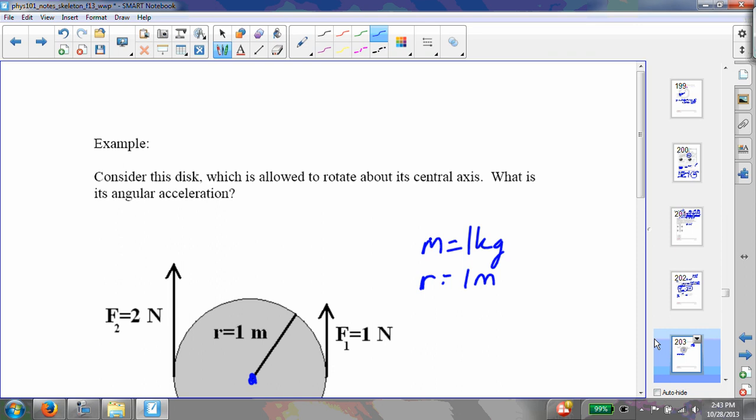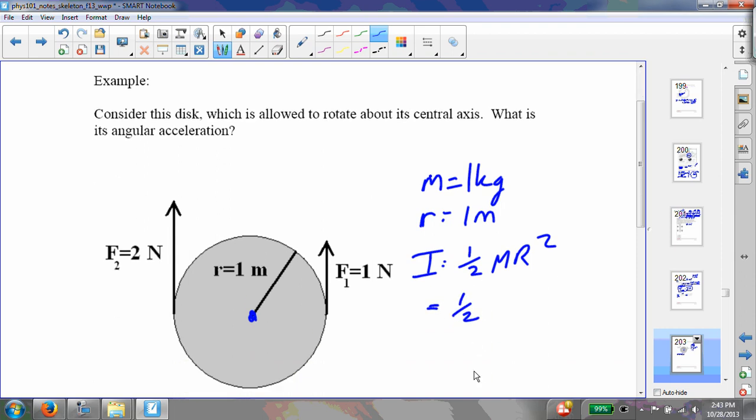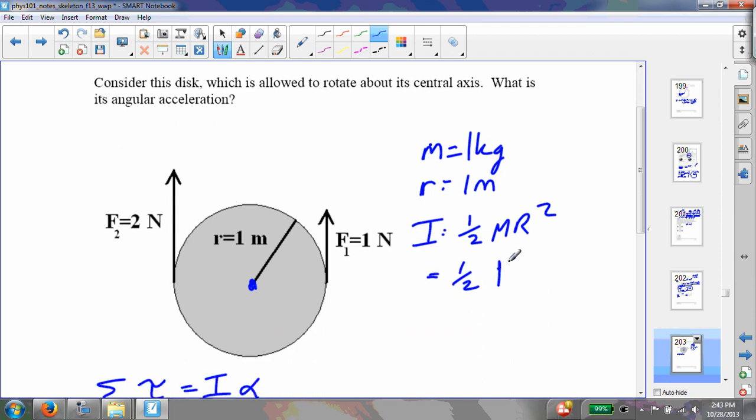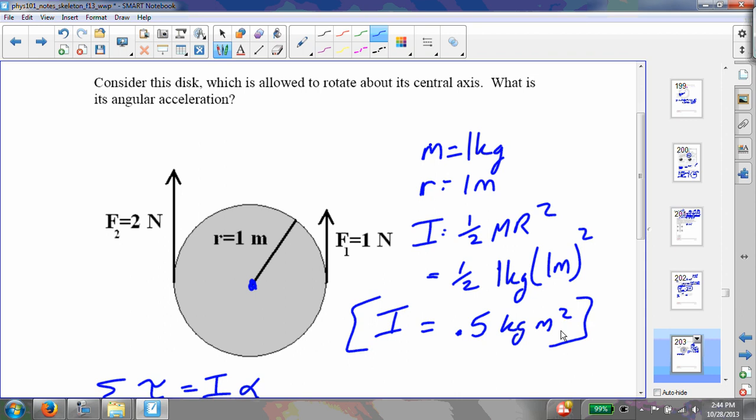So that tells me that I equals 1/2 m r squared, which is 1/2 of 1 kilogram times 1 meter squared. It's 1/2 of 1 times 1, so it's 0.5 kilogram meters squared. That's my moment of inertia.